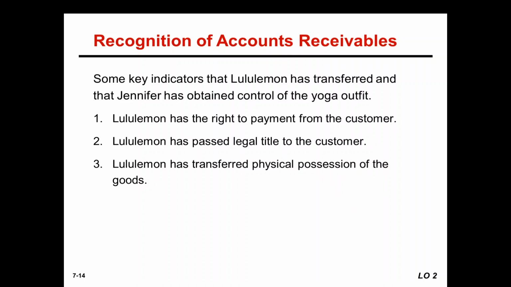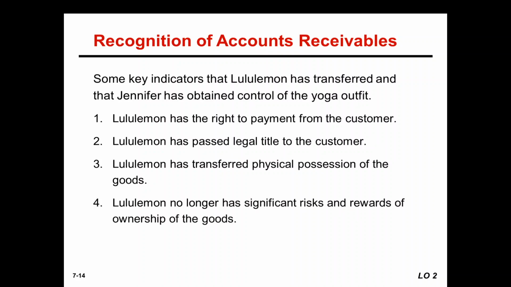Of course, it is already in Jennifer's hand. And the fourth, Lululemon no longer has significant risks and rewards of ownership of the good. So Lululemon cannot have any other benefit from the goods, since it is already owned or under control of Jennifer. The last one, Jennifer has accepted the asset.